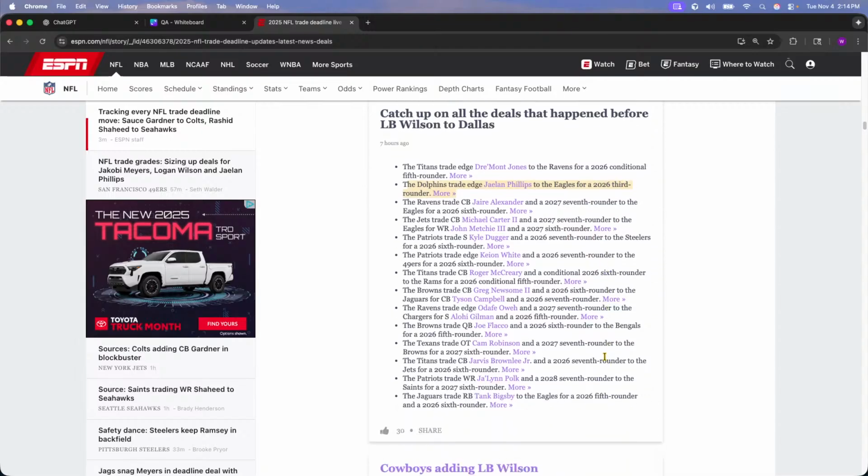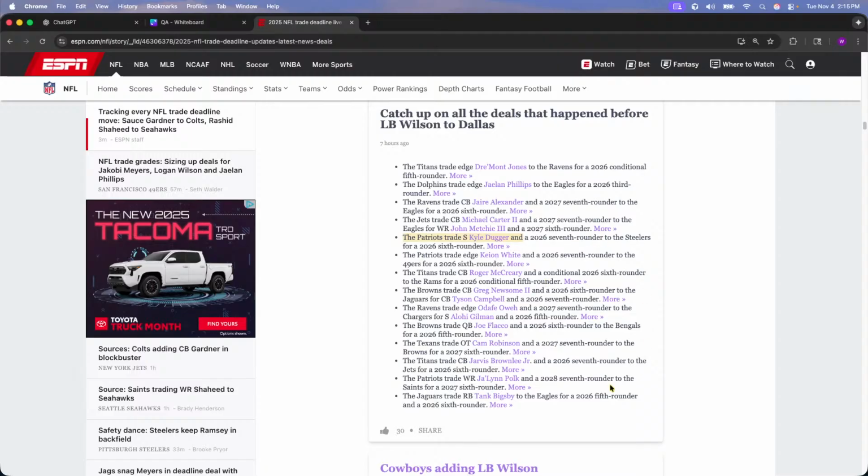You know what really was another interesting one? This Greg Newsome one right here. They're basically trading cornerbacks. The Browns are sending Greg Newsome to the Jags for Tyson Campbell. I think the Jags won there. Greg Newsome is not a slouch. This Kyle Dugger one is another interesting one.